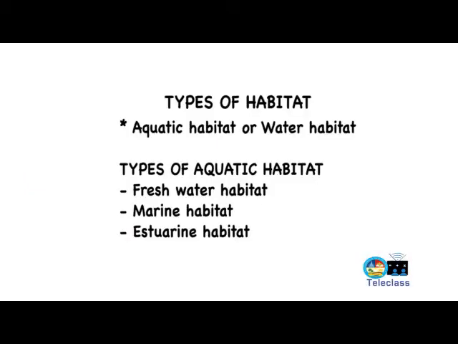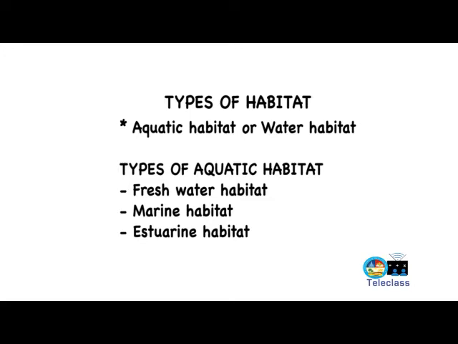Number one is freshwater habitat. And then number two, we have the marine habitat. And then estuarine habitat. These are the three habitats that are in aquatic habitat. The freshwater habitat is an environment where the water is fresh, and the organisms that live there include the crabs.